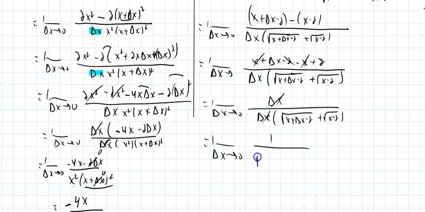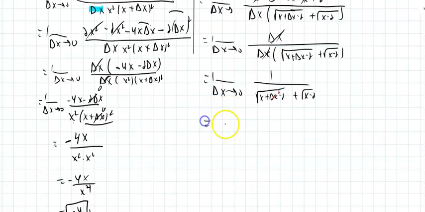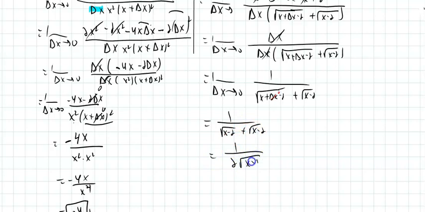And once I cancel that, I let delta x approach 0, and I'm left with 1 over the square root of x plus 0 minus 2, which is x minus 2, and what would that be? And there it is.